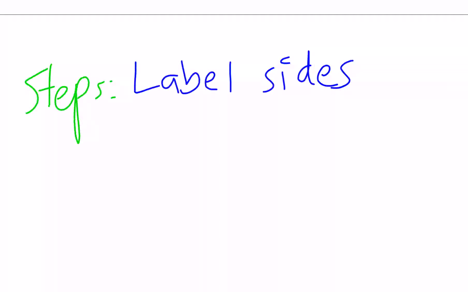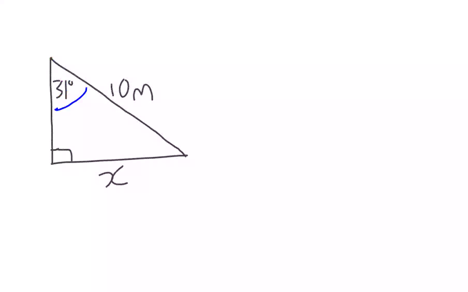We'll go back to our question. The sides, here we have x, it's opposite the angle that we care about. It is, of course, the opposite side. Opposite the right angle is the hypotenuse, the side with 10 meters on it.